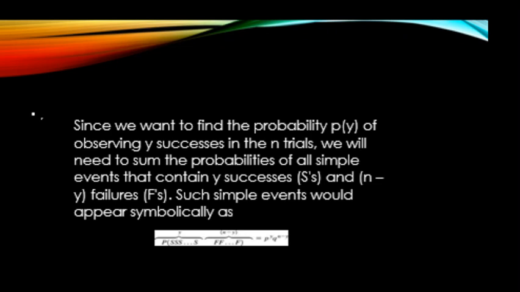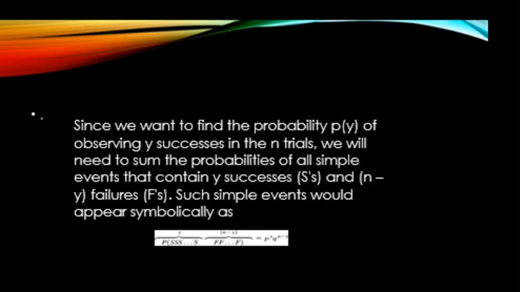Okay, so let's put this together. Let's say the first set is the number of successes, and this is the number of failures. Successes have a probability of p. These failures have a probability of 1 minus p. Let's say there are y successes, so there will be n minus y failures.